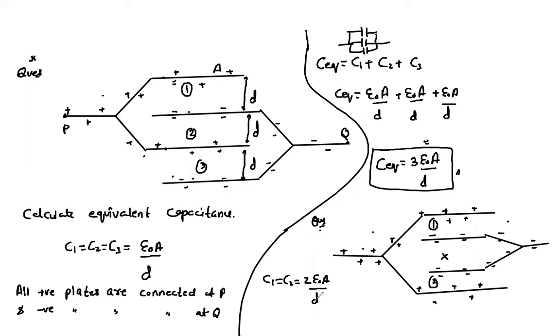If all positive are connected at one point and all negative are connected at another, parallel, very good. The positive plate of first capacitor is at P, second is at P, negative is at Q. So if you have capacitors in parallel, then C equivalent is simply C1 plus C2. That comes out to be 2 epsilon naught A by D. This is the equivalent capacitance, 2 epsilon naught A by D.